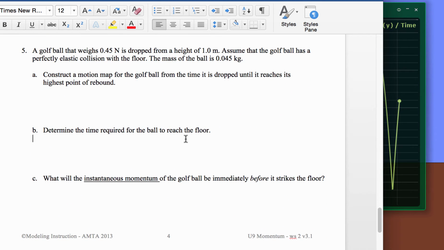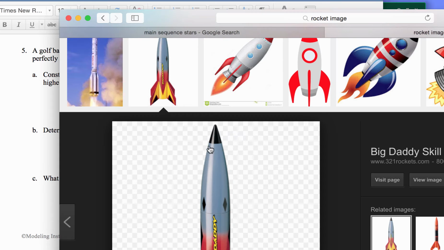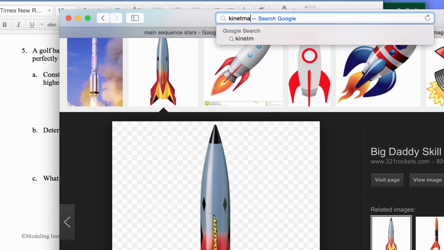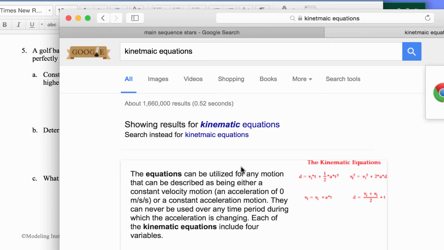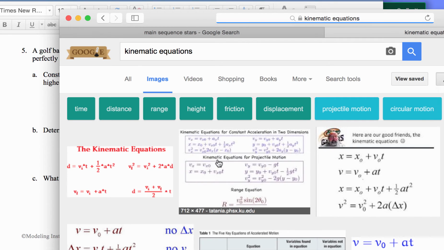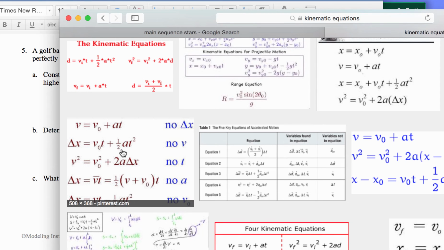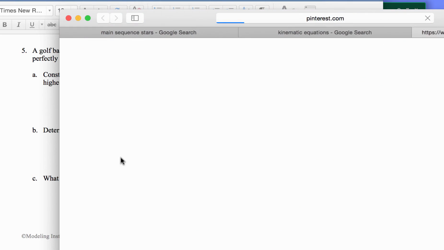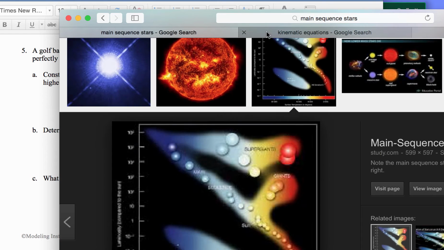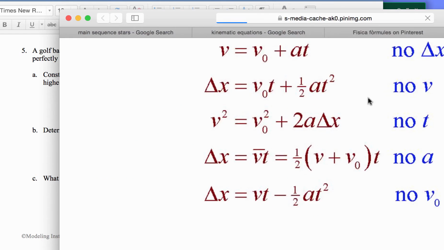Time required for the ball to reach the floor. Okay, here we need to use the kinematic equations. You can look them up. All right.